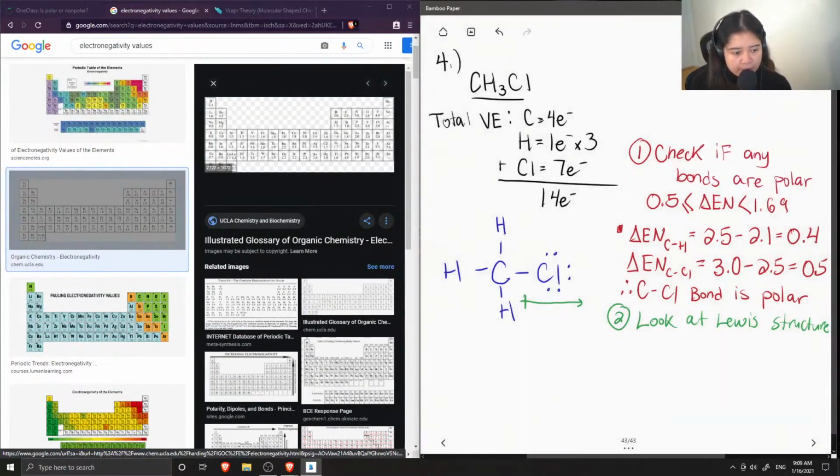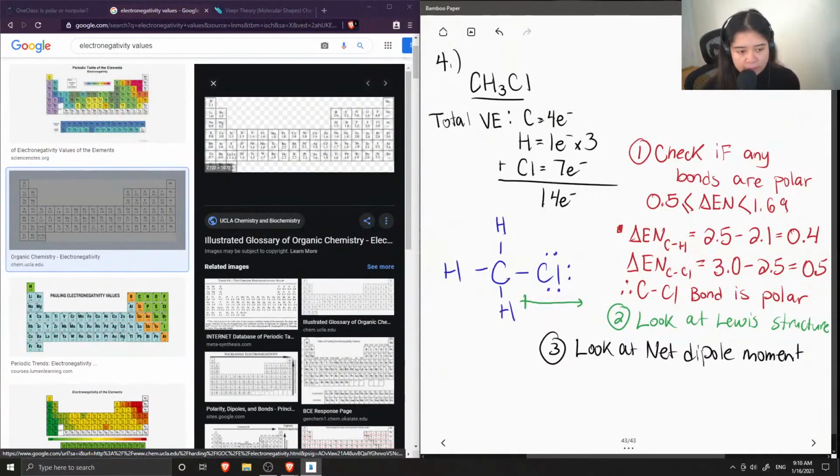So step 3 is to look at the net dipole moment. Since chlorine is much more electronegative, the hydrogens don't cancel out this dipole moment that chlorine is forming.